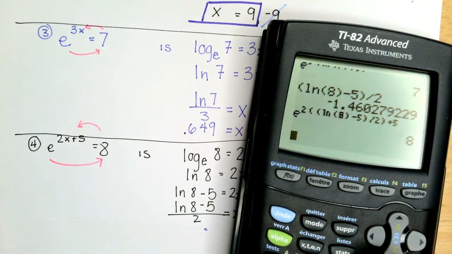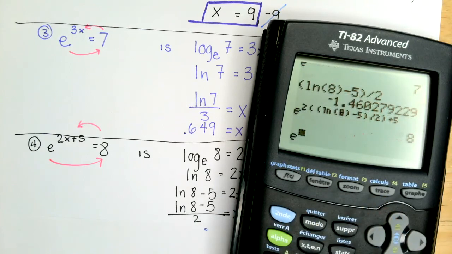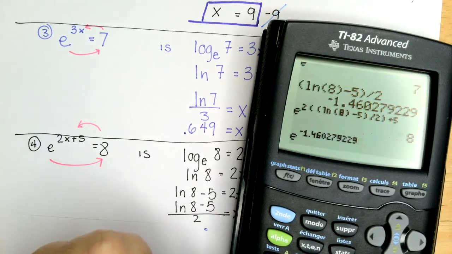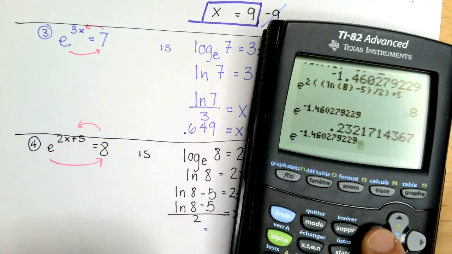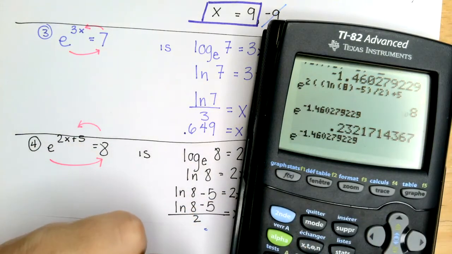Or e to the power of negative 1.4602792. Ooh, no, sorry. It was 2 times. 2 times.